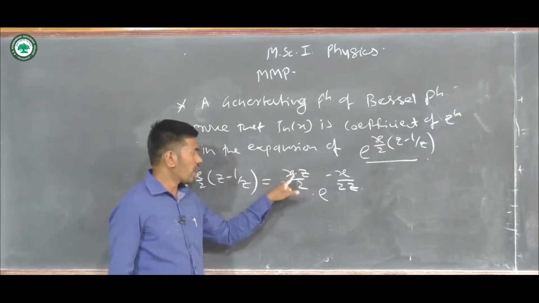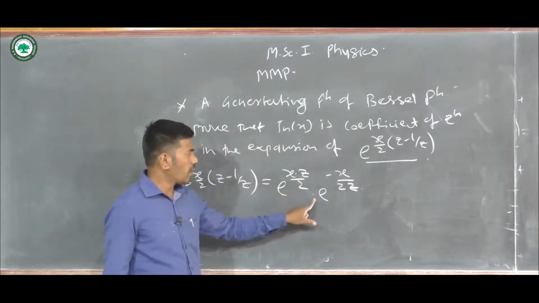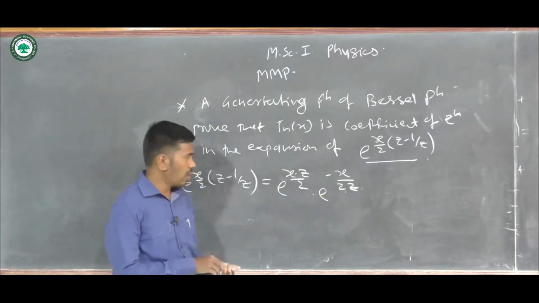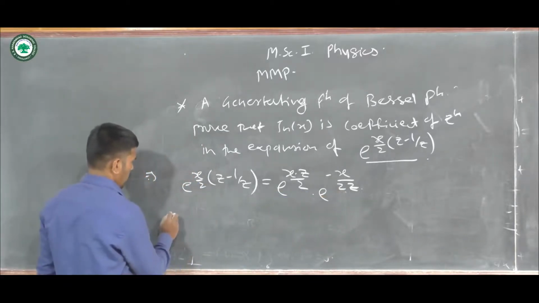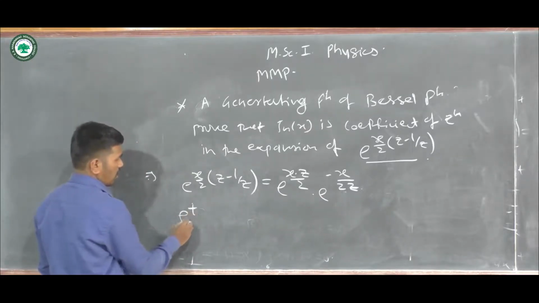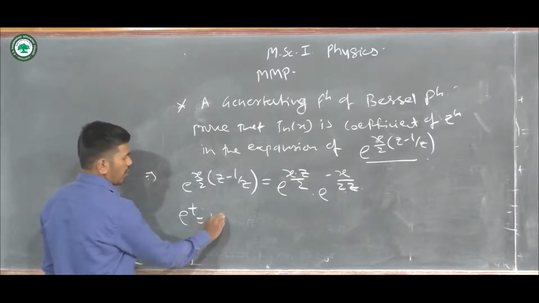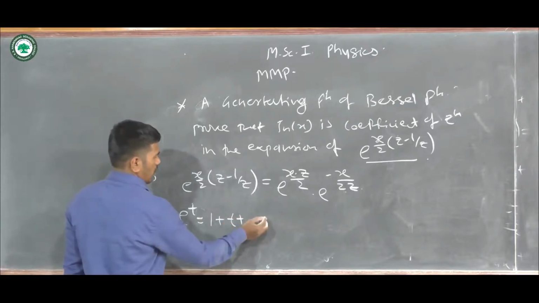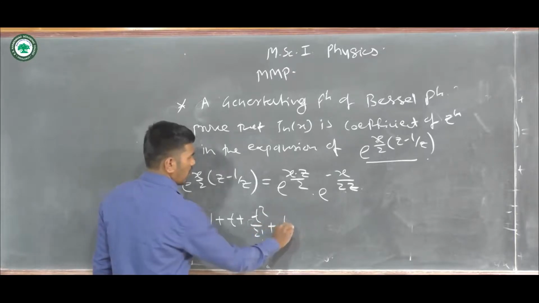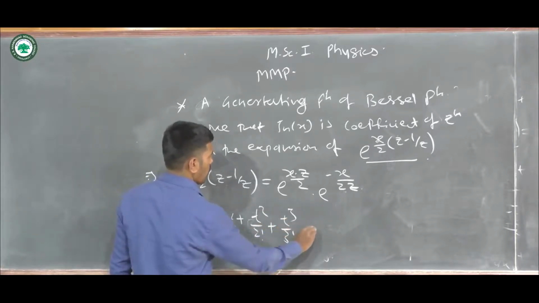We know the expansion of e raised to t, we can expand like this: 1 plus t plus t square by 2 factorial plus t cube by 3 factorial and so on.